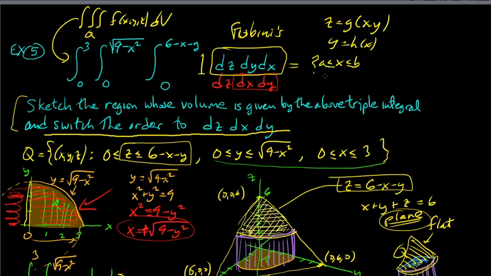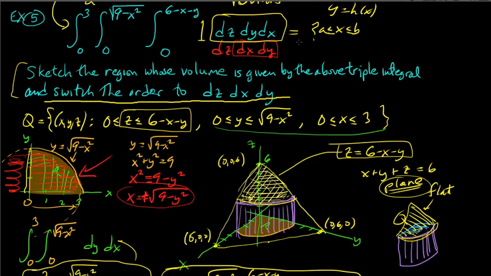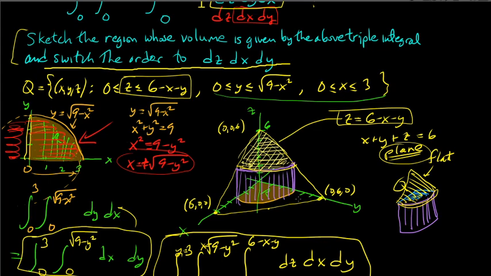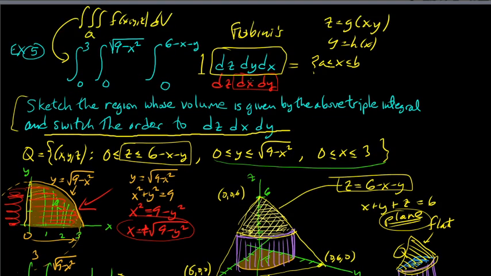When they're given this way, it's very easy to determine the surface. And that's the way this was given, dz, dy, dx. So to change the order, I don't know why you would ever really need to do that. I guess to make the integral easier, maybe, but not so much in this case.